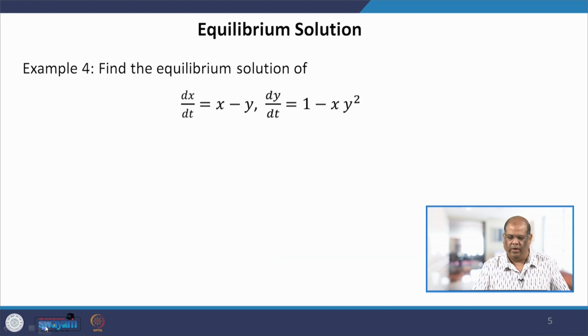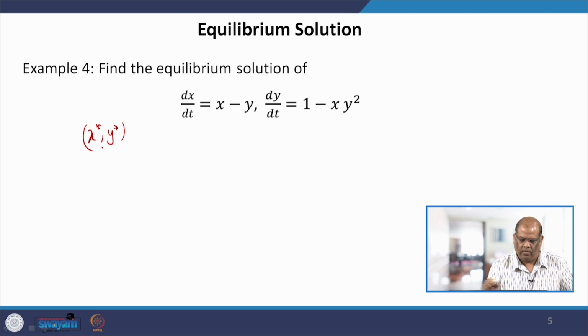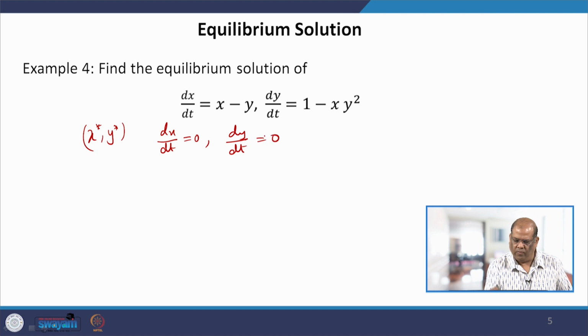Let us now take two equations. If you want to find the equilibrium solution of two equations, let me put it in the form x star and y star. If x star, y star is the equilibrium solution, to find them you have to put dx/dt equal to 0 and dy/dt equal to 0.